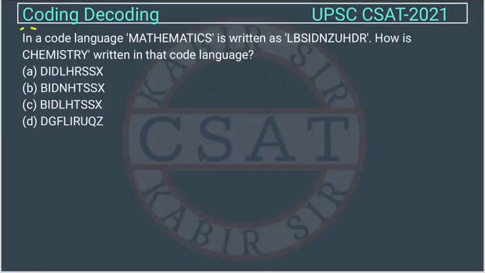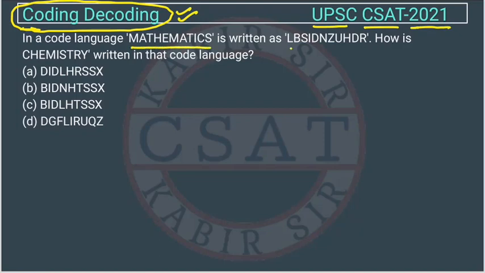This question is from reasoning from coding decoding chapter, right? So this question is asked by UPSC in CSAT exam of 2021. If a code language mathematics is written as this one, how is chemistry written in that code language, right?